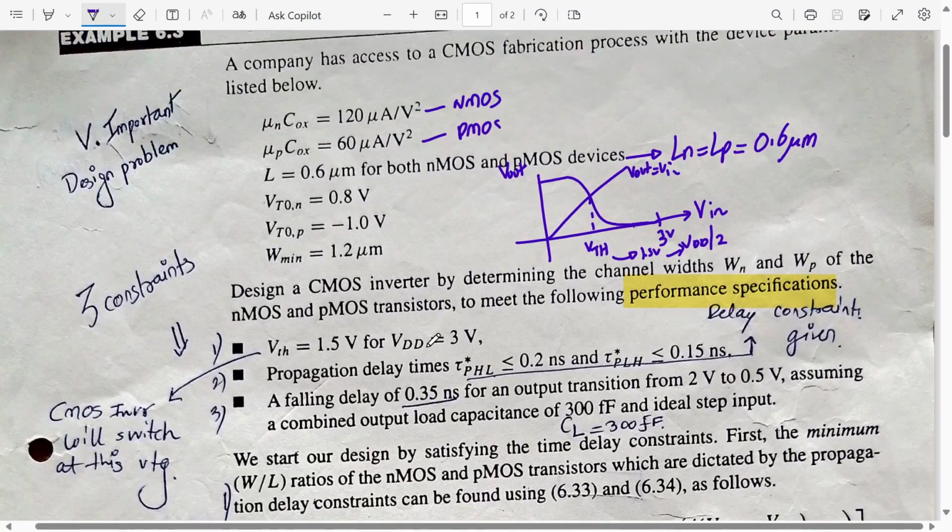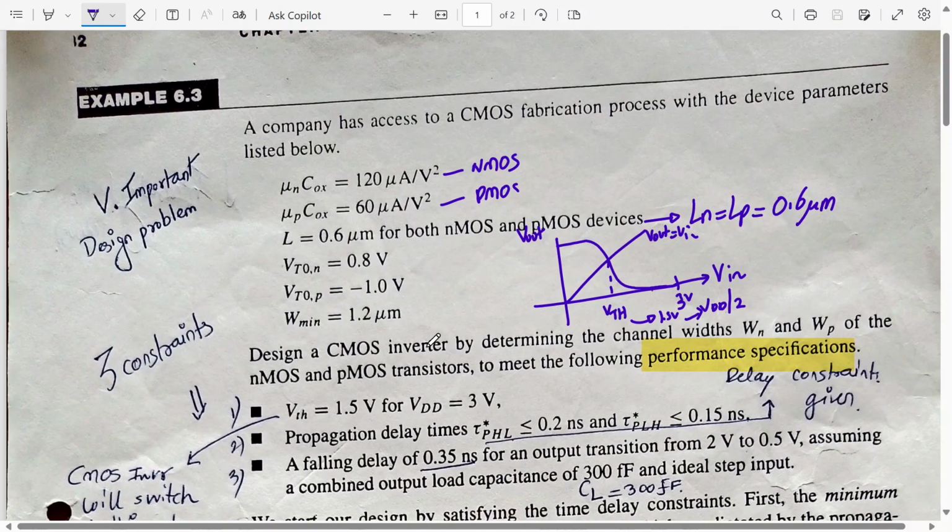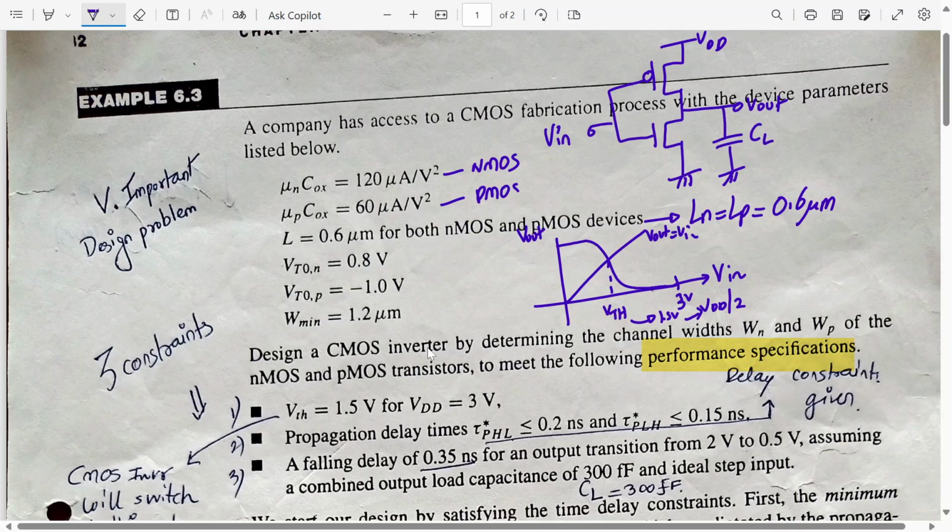All right. Did you understand the numerical, what we need to find out? So we need to design the CMOS inverter. Now, what do you mean by designing a CMOS inverter? All the requirements have been given. This is CL.